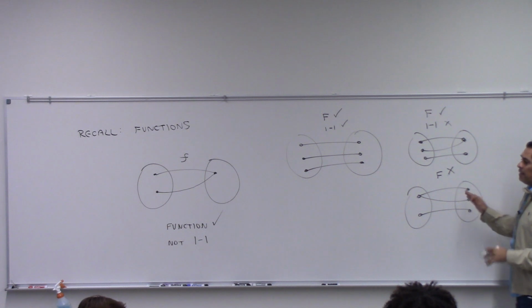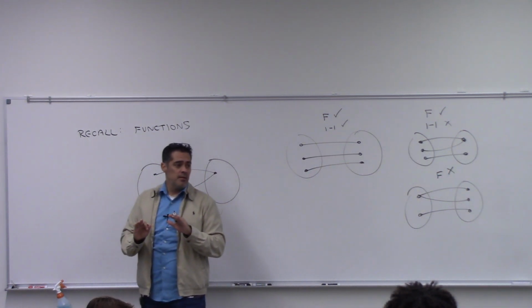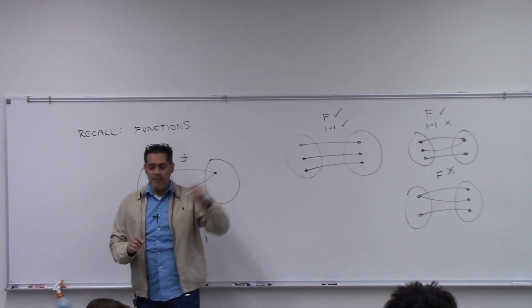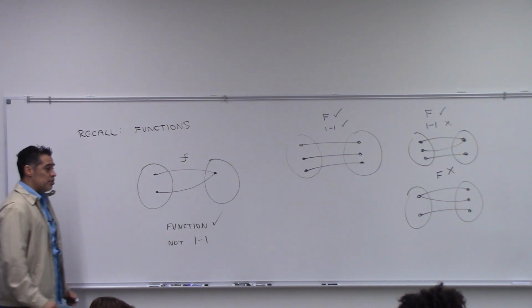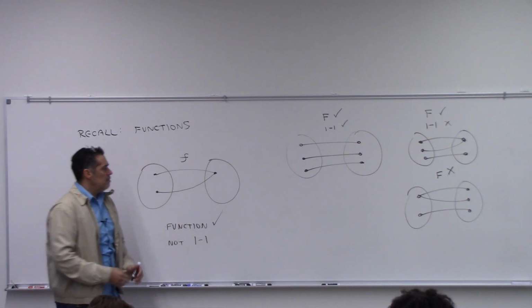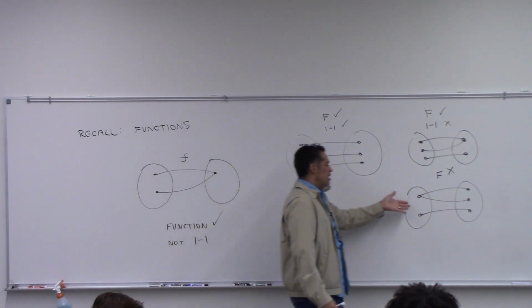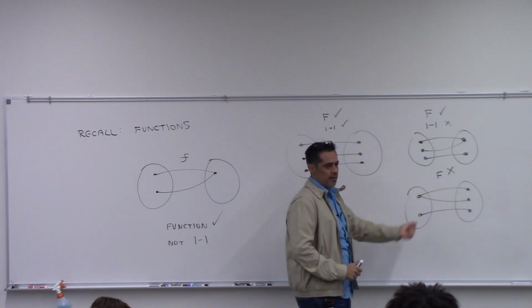As soon as something fails to be a function, you can't even talk about one-to-one. In the definition of one-to-one, look at the first two words of this definition. A function is one-to-one if. So it would be impossible for me to sit here and talk about one-to-one if it failed to be a function to begin with.